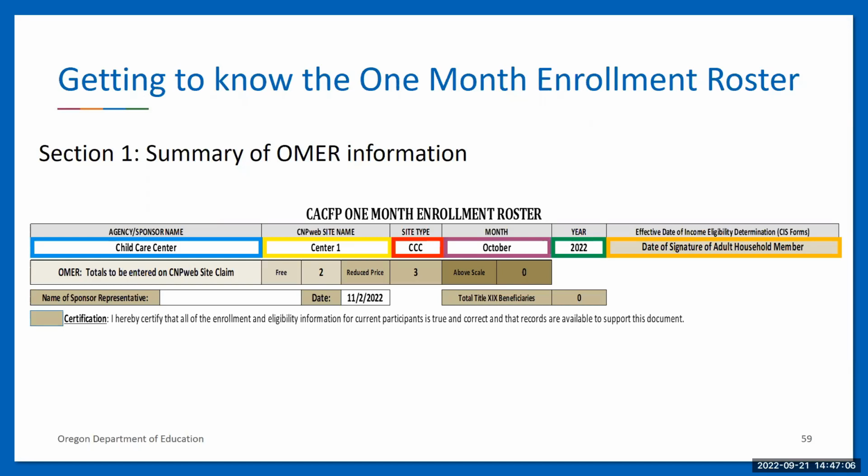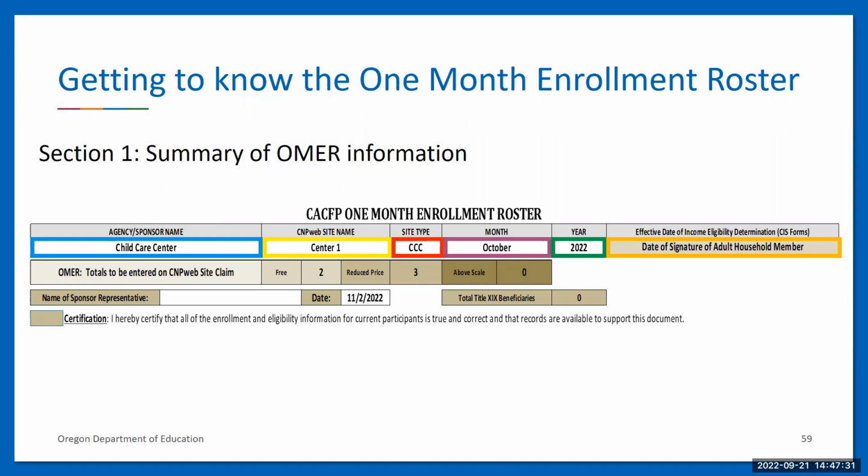This piece of information comes from the confidential income statement forms, and there are one of two options that can be used when completing the OMER, but not both. When entering a CIS determination date, either the date of signature of adult household member or the date of determining official signature can be used.